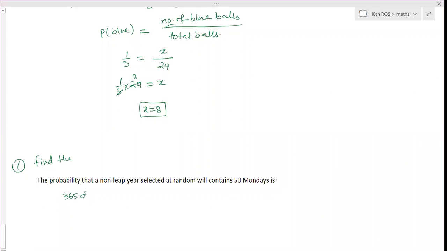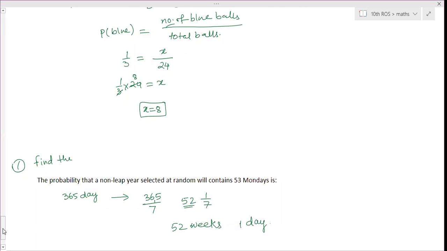So how many weeks are there? 52. 365 by 7: 7 fives are 35, then 15, 7 twos are 14, remainder 1. So there are totally 52 weeks and 1 extra day.